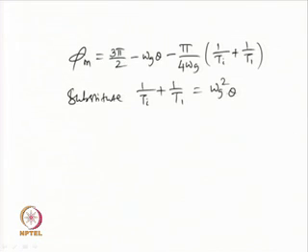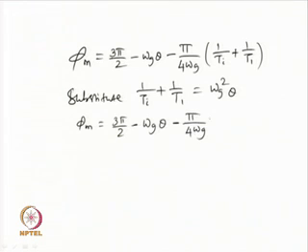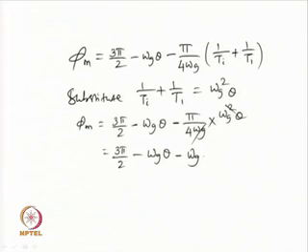So, substitution of that will lead to phi_m is equal to 3 pi by 2 minus omega_g theta minus pi upon 4 omega_g times omega_g square theta. Simplify a little bit, cancel omega_g over here, giving us 3 pi by 2 minus omega_g theta minus omega_g times pi theta by 4.